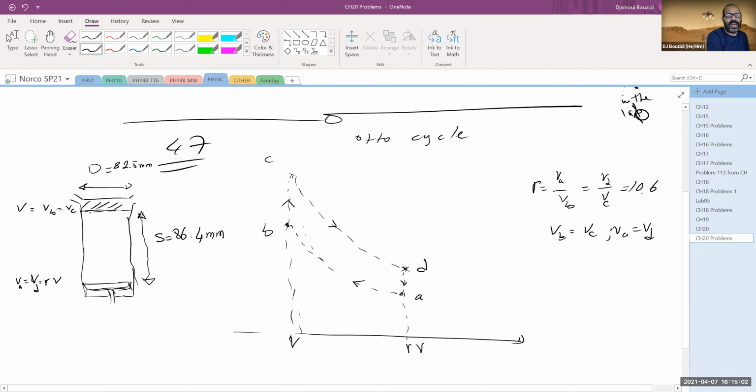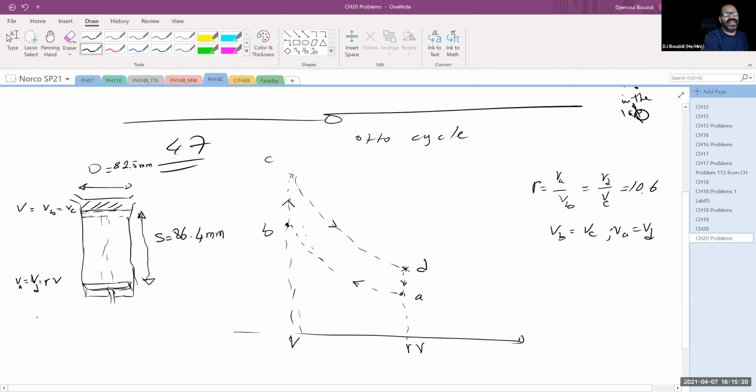So basically when it's fully compressed, it's here. When it's fully relaxed, when it's fully expanded, at point A or point B, it has traveled this whole distance, which is 86.